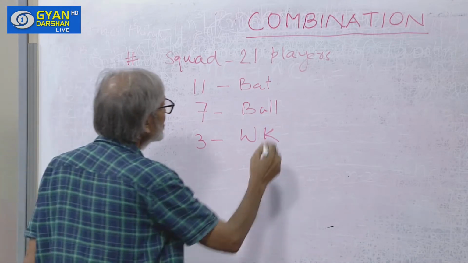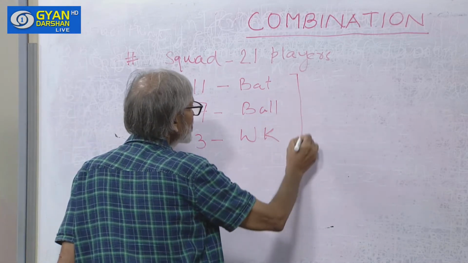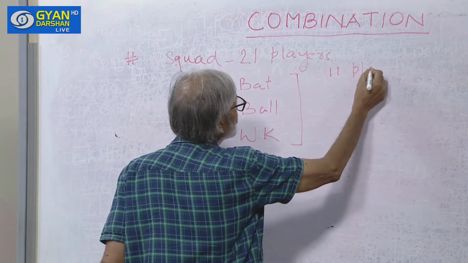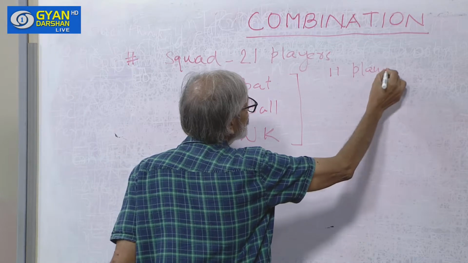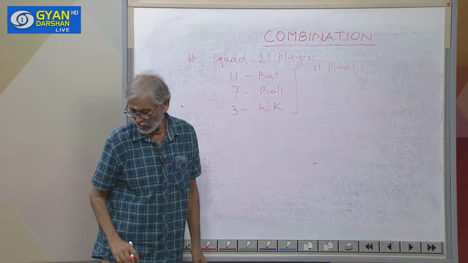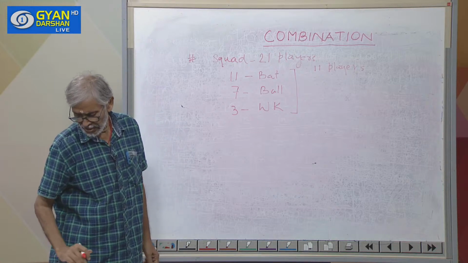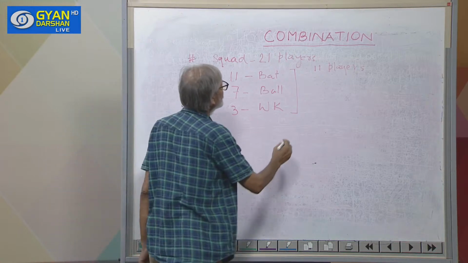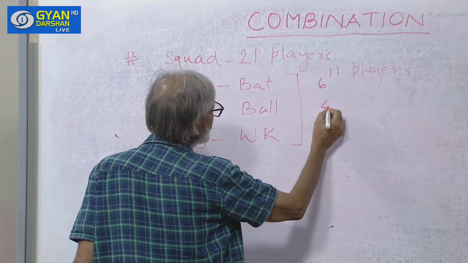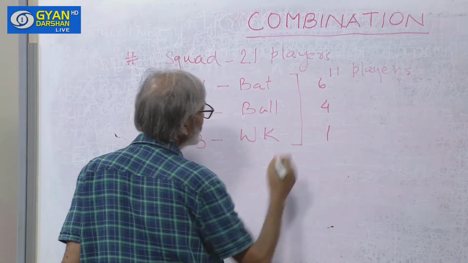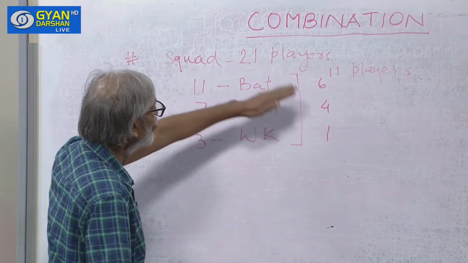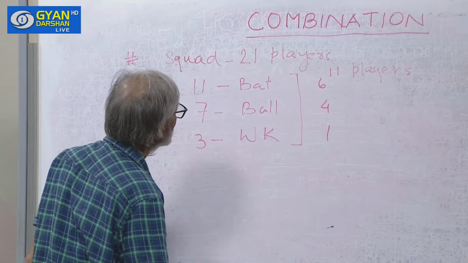We have to select 11 players: six, 4, 1. 6 batsmen, 4 bowlers and 1 wicket keeper. So, this is the combination we have to select.